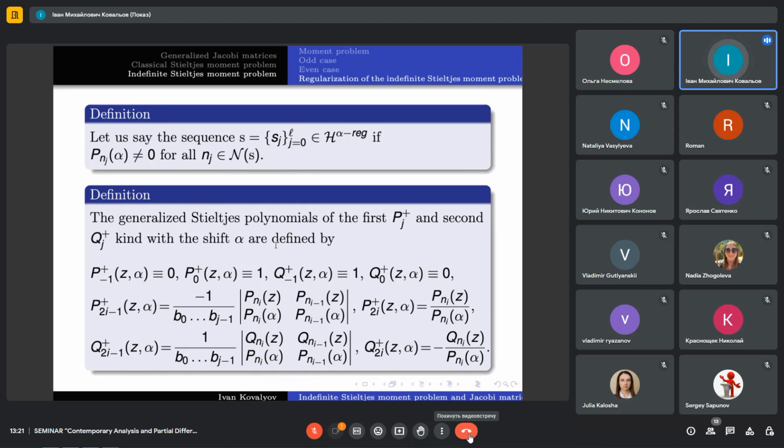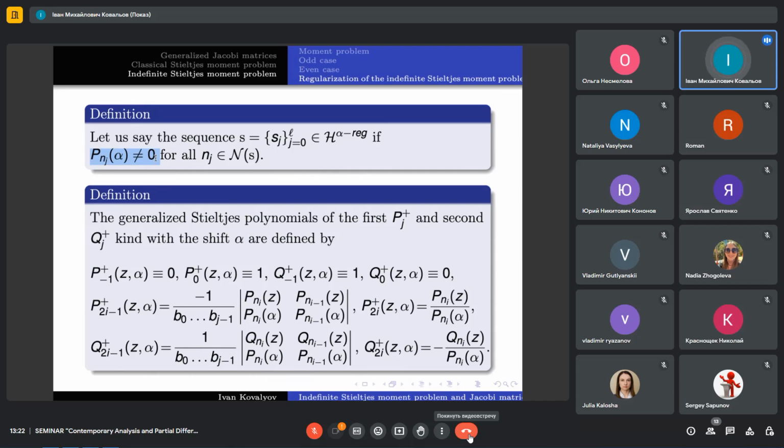The next step, we consider alpha regular sequences and alpha regular sets. So what is that? The sequence S is called alpha regular if and only if all polynomials of the first kind do not vanish at alpha.